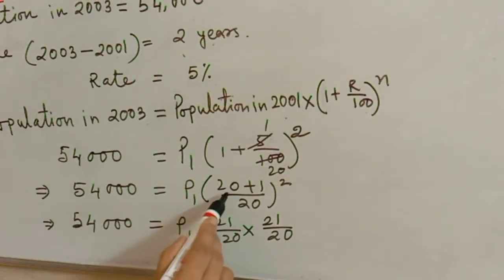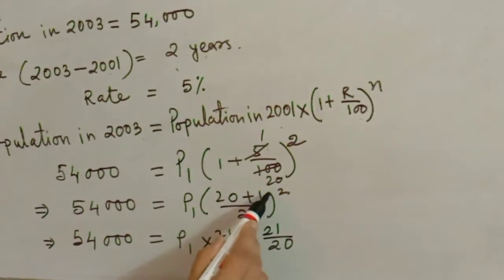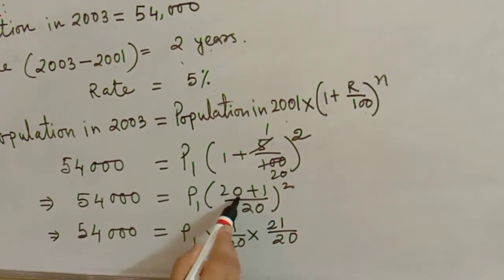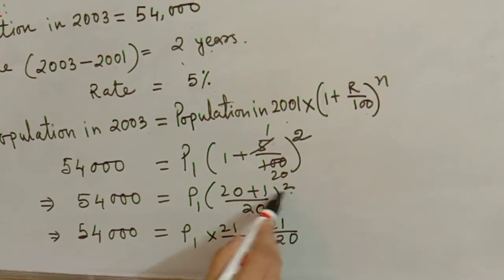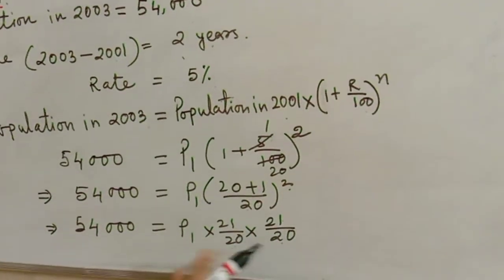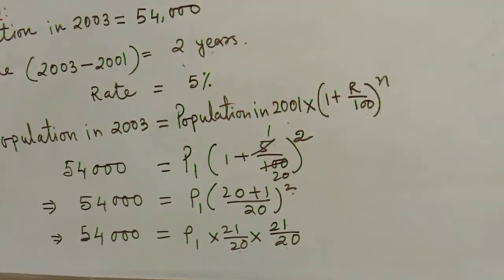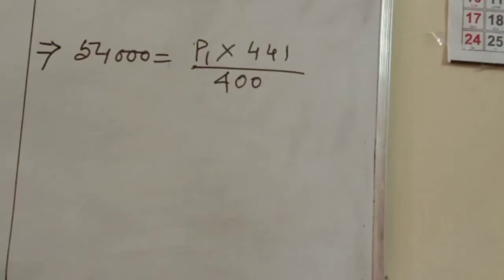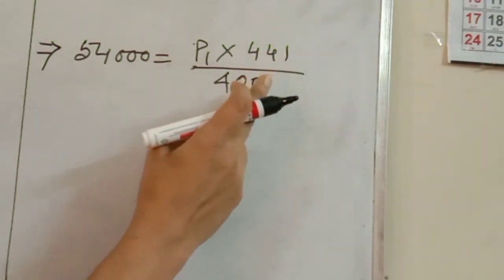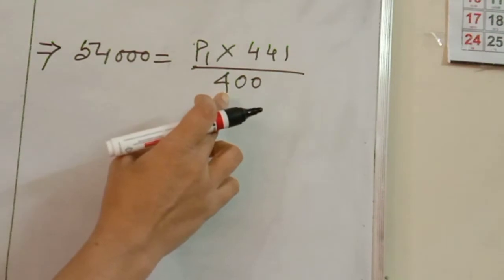Now 20 plus 1, you know it is a fractional addition: 20 plus 1 by 20, to the power 2. So we will write 21 by 20 into 21 by 20. Now P1 is missing. So now 54,000 equals P1 into 441 by 20 into 20, that is 400.